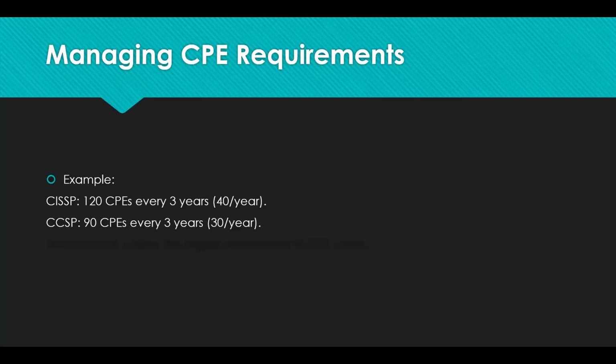Then there's CCSP, which only needs 90 credits every 3 years, so that's 30 credits per year. The requirement is to follow the highest one, that is 120 over 3 years, so we can forget about the 90 because it's already included, like a subset of it.